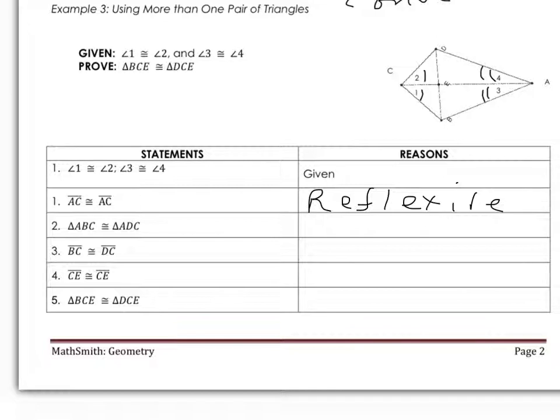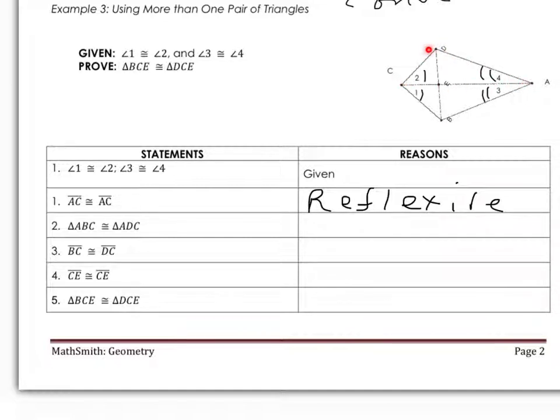And then they jump and tell us that triangle ABC, that's this guy, is congruent to ADC, this guy. Now, what do you think that's based on?